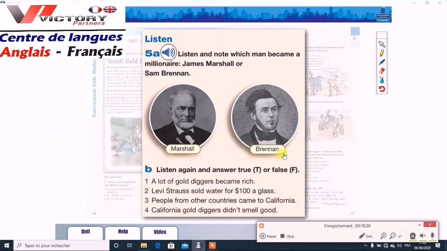For example, the Chinese. They opened restaurants and laundries. Laundries? Yes. Most gold diggers worked all day in the same clothes. They didn't take baths or showers. And before the laundries came, they didn't wash their clothes. Can you imagine the smell?